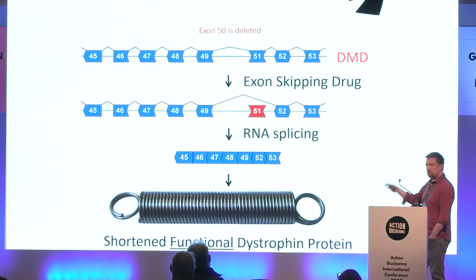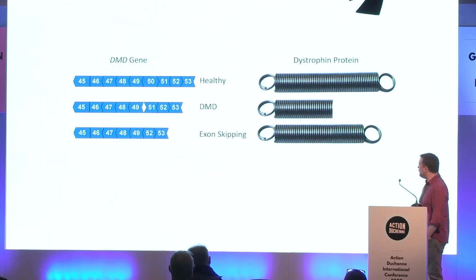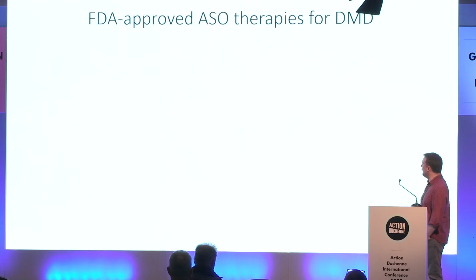There's an analogy for the spectrin-like repeat domains of the protein. So here you can see the outcomes: healthy at the top, DMD non-functional, and exon skipping partially functional, internally truncated.